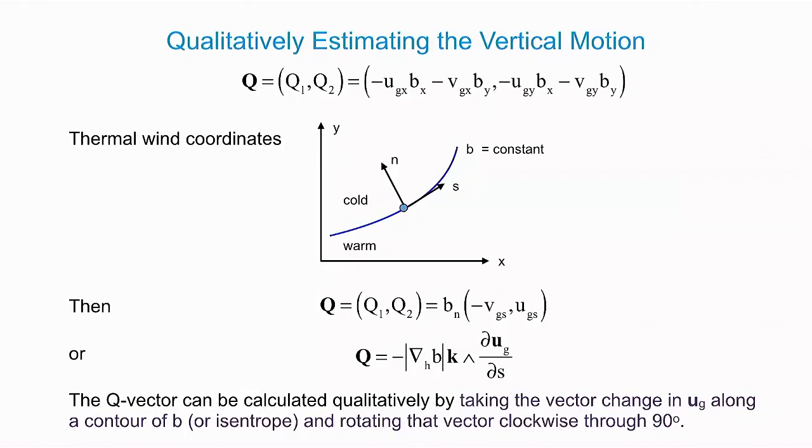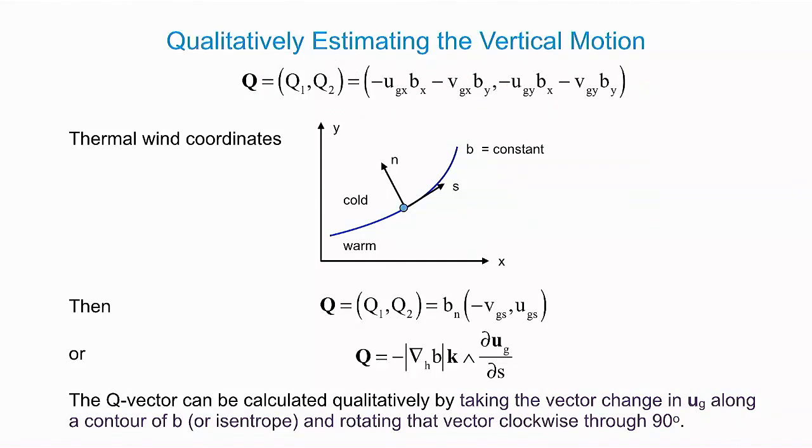Now, before we start guessing what Q vectors look like, I want to do one other little calculation. How can I estimate qualitatively the vertical motion using Q vectors? Well, remember, this complicated expression here involves derivatives in the x direction and derivatives in the y direction.